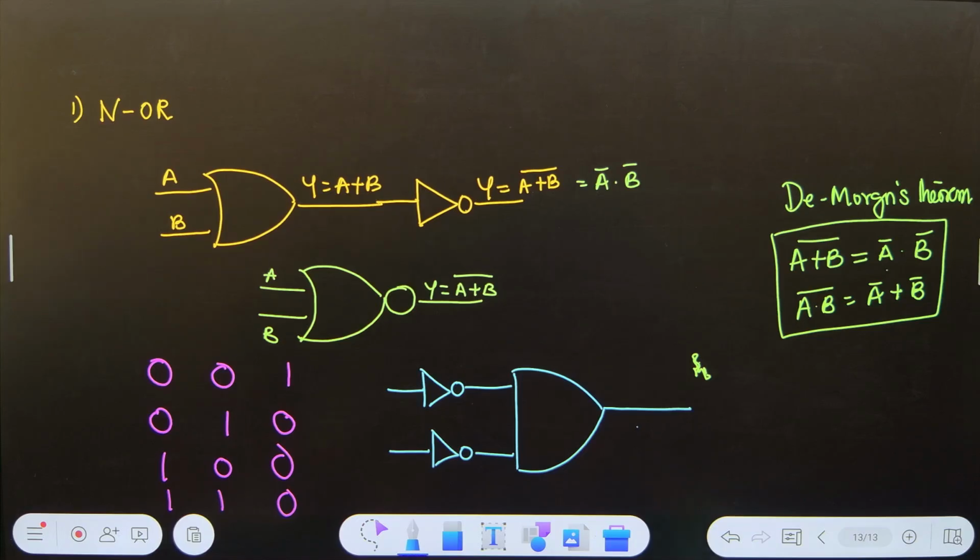Quickly. Don't give 0 and 0. Give A and B. Don't give 0, 1 and all those things. Just give A and B. Get the expression. Did you get the expression? Is it OR gate or AND gate? Is it OR gate? Then what is the output for AND gate?